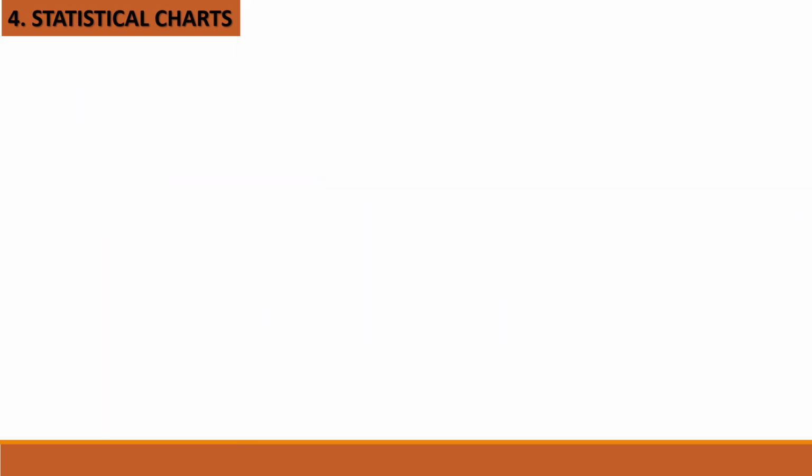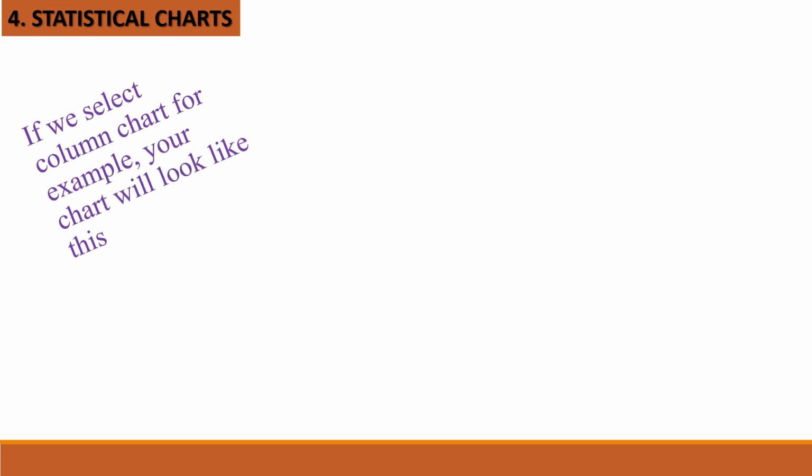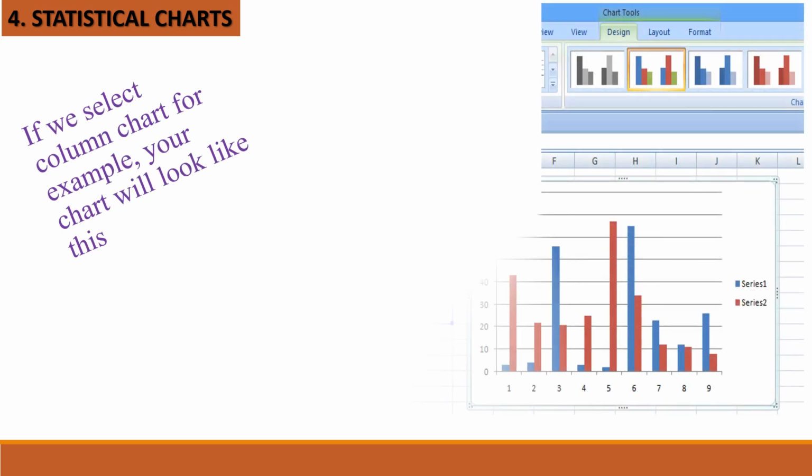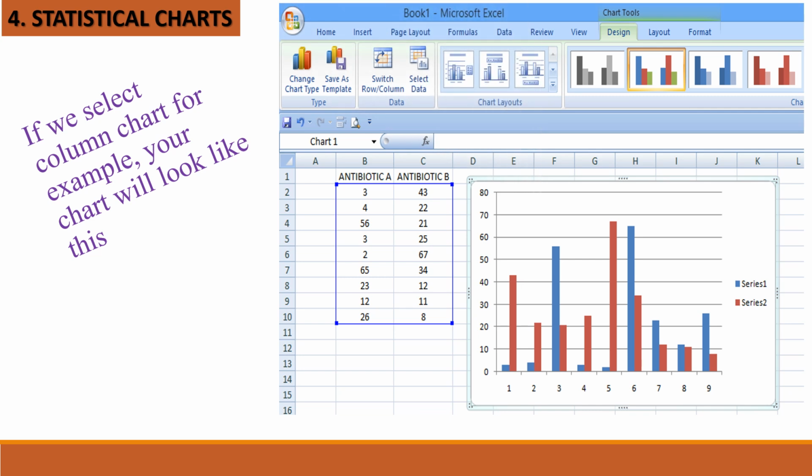If we decide to select a column chart, our data will now look like this. So when you look at it, we have antibiotic A and B selected, and then by selecting column chart, we have the output represented in columns.